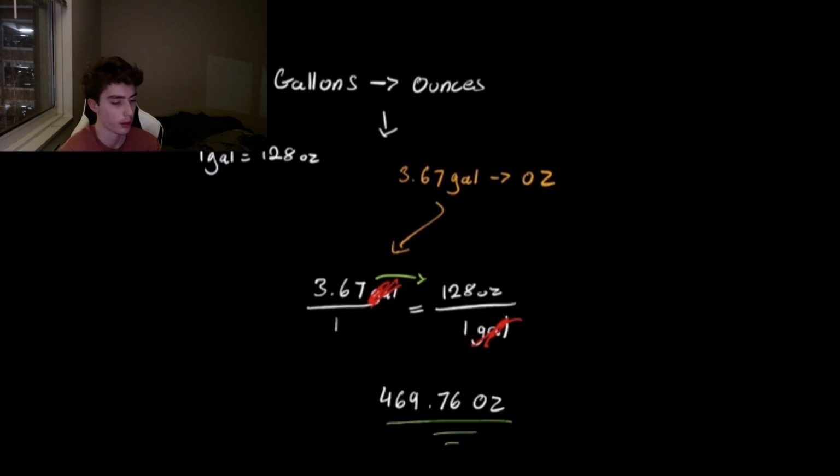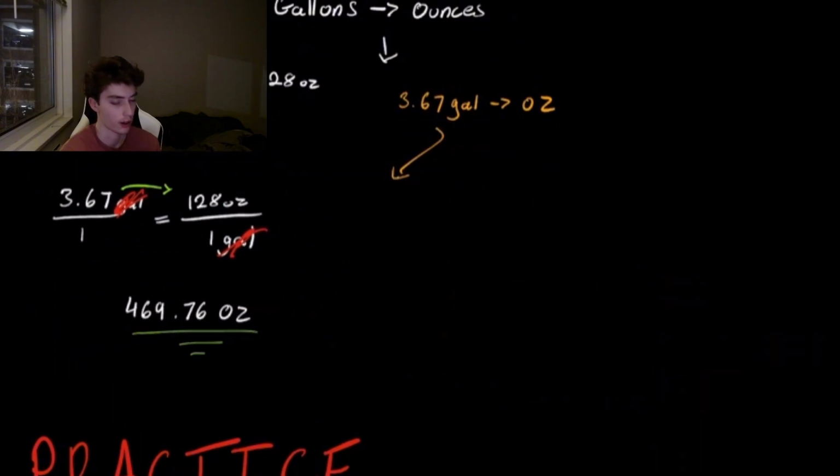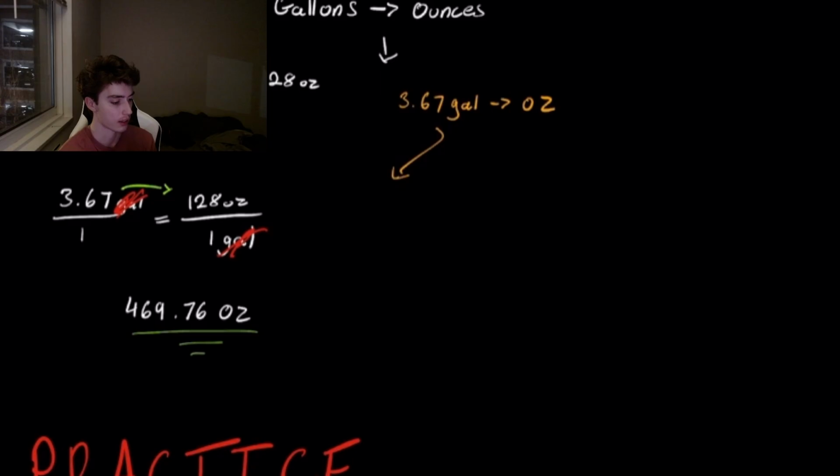You want to line up the denominator and the numerator in a way that the initial unit cancels out. Does that make sense? And what you're left with is the solving unit. So for example, if I swapped these, I'm going to draw this out, gallons to ounces, right?